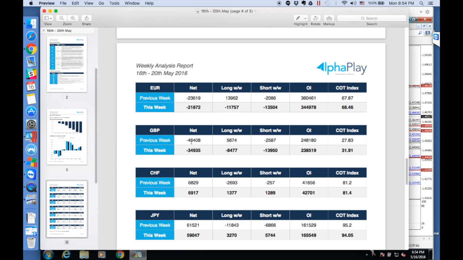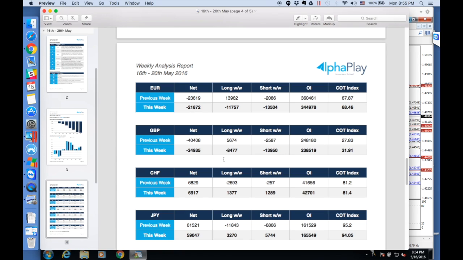That means it's an increase in net position. But if you compare and look into these two columns, you can see that overall people are exiting positions. That means there are no people adding into their position. So it gives you the idea that the sentiment on pound futures is uncertain.